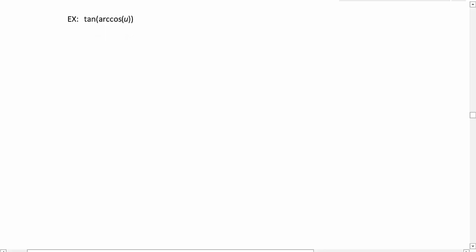Next, we want to find tangent of arc cosine of u. You'll notice that on the inside, we have an inverse trig function, so we know that this is some angle. U is definitely something that I do not recognize on the unit circle, so this tells me that I'm going to have to create a triangle.